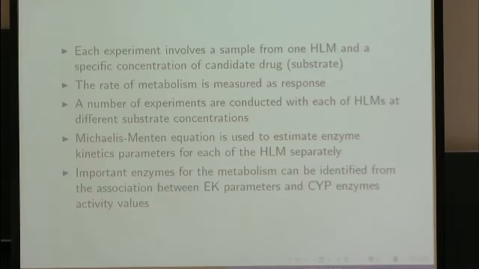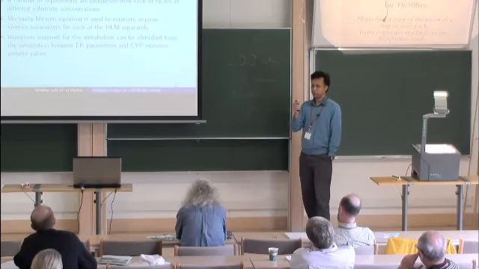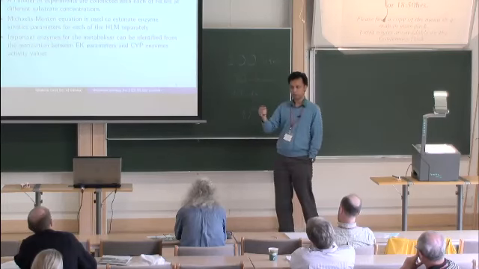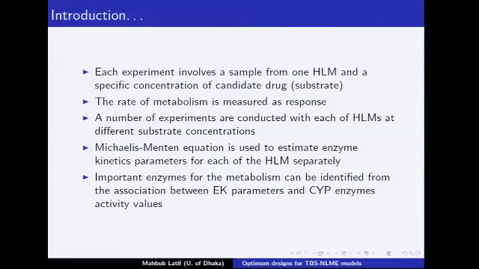If for an enzyme this correlation is high, they say this enzyme is important for this drug. So if you have 6 enzymes, you have 6 correlation parameters, and from the values of the correlation parameters, you can identify whether the drug is associated with any of the enzymes. Okay.